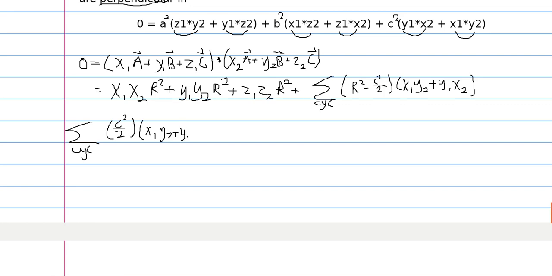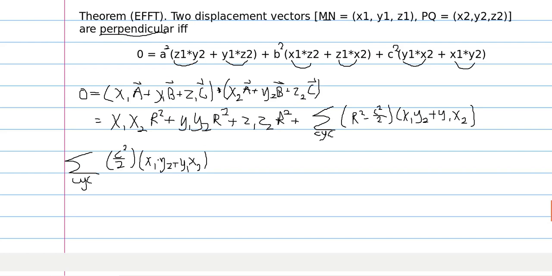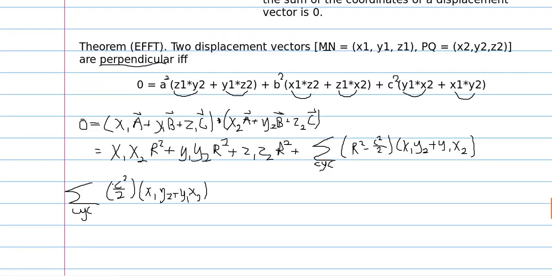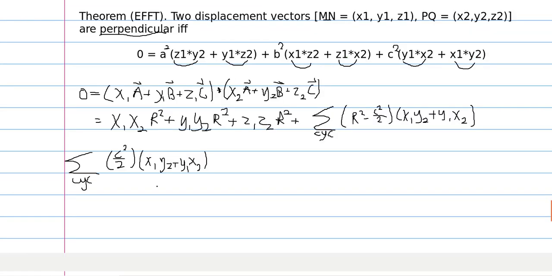Sorry, that's a y1, x2. And here I want to note that this summation is equal to this, although without the 1/2. So notice that c squared x1 y2 plus y1 x2, that's exactly this term. And this whole equation is this cyclic sum, but times 2.